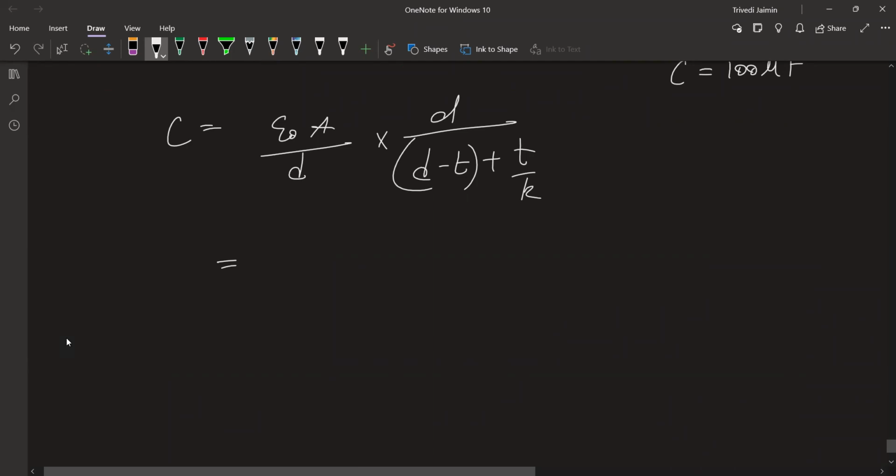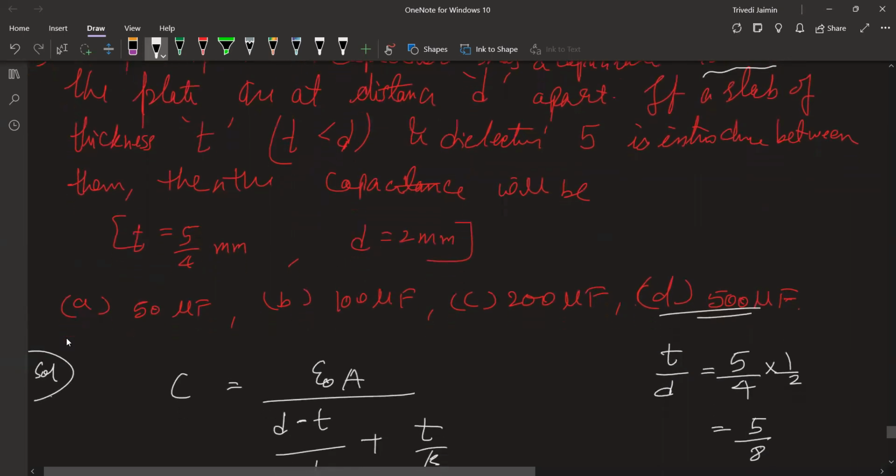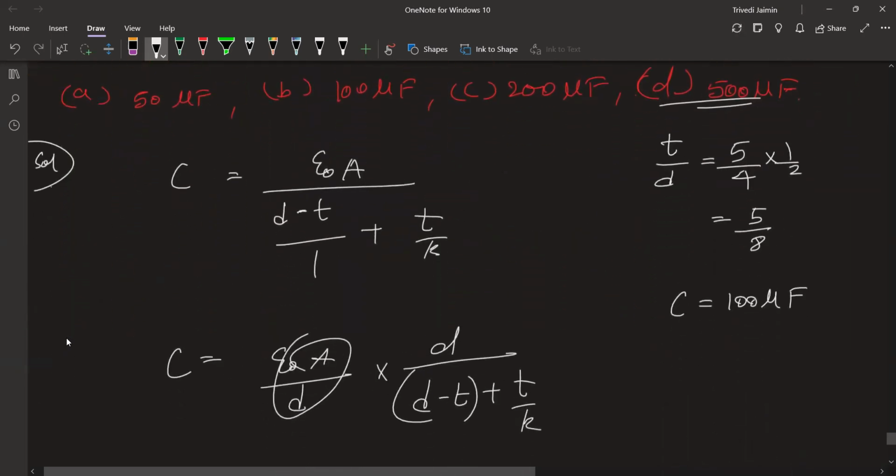C here. So this is equals to C, which is 100 microfarad into 1, 2.